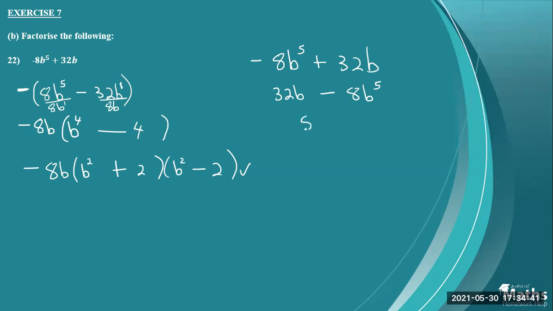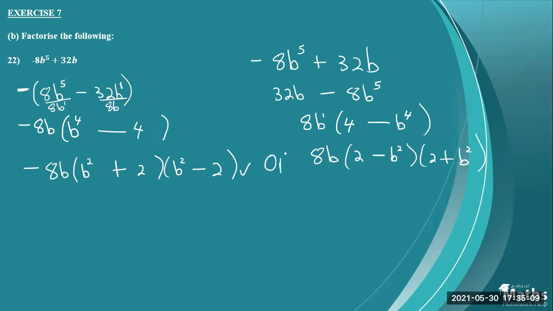Or you could do it like this, where I take out the 8 and 1b. 32 divided by 8 is 4, and the b is gone. 8 and the 8 is gone. 5b's minus 1 will give me b to the power of 4. Which I just then say 2 minus b squared and 2 plus b squared. Right. So these are the 2 ways of answering it.